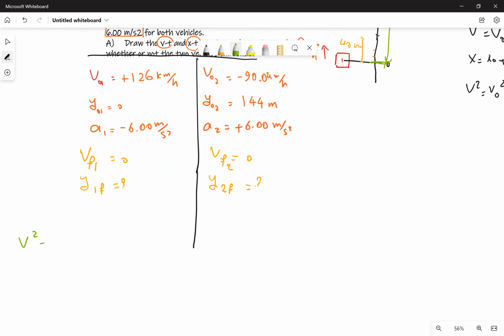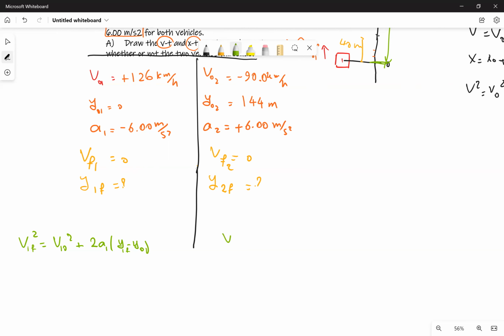V squared is equal to V0 squared plus 2A times (y minus y0). If I write it down for the first vehicle, I'm going to label this V1F, V10, A1, Y1F, and Y01.